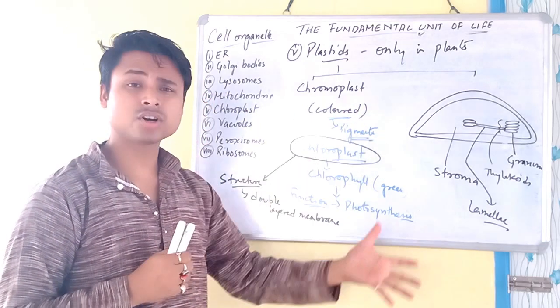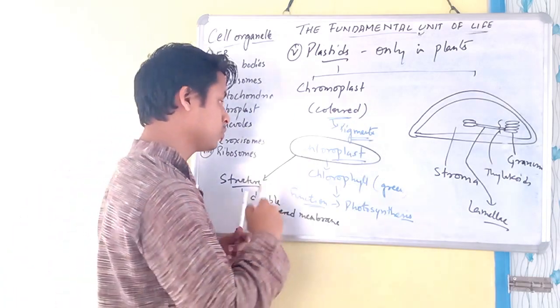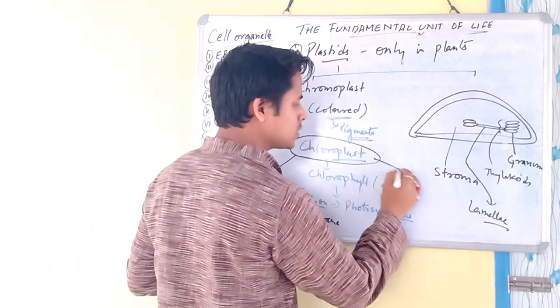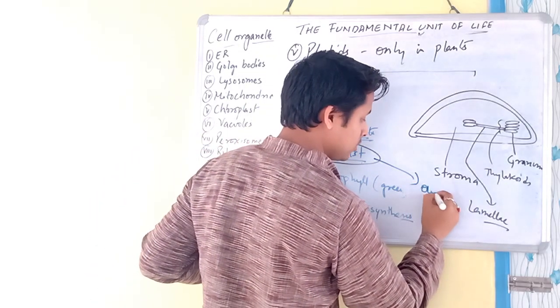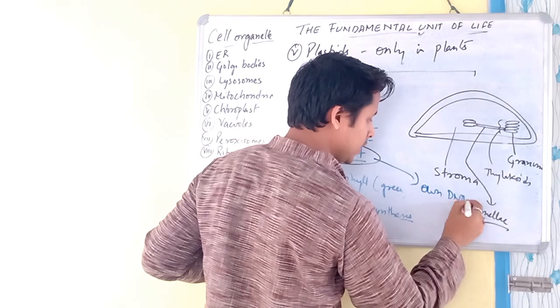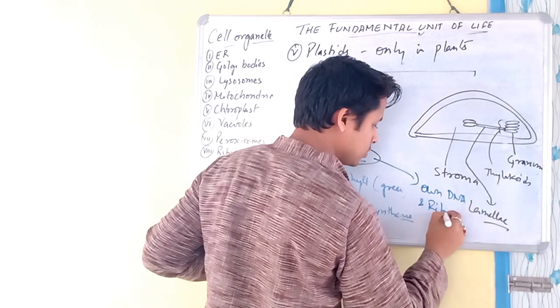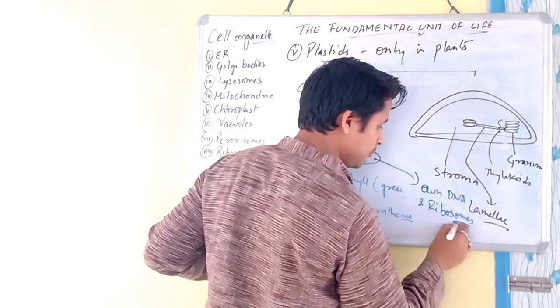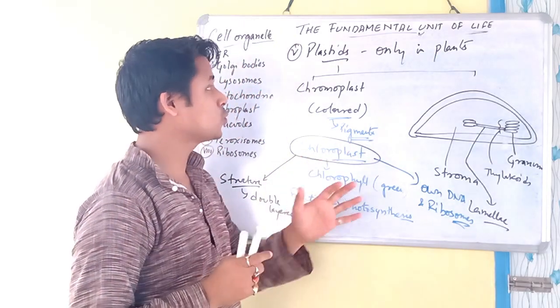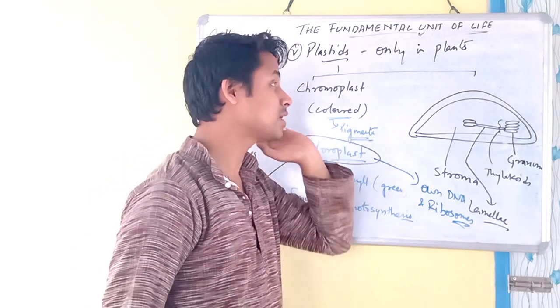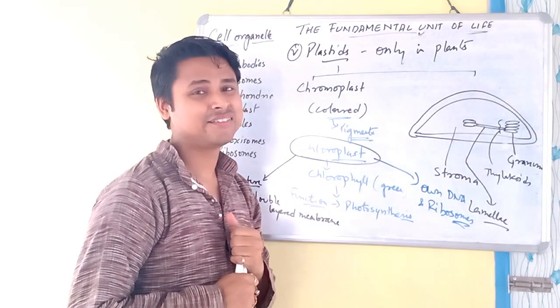So this is the structure of the chloroplast. Like mitochondria, the chloroplast also has its own DNA and ribosomes. That means they also produce their own protein. So this is about the chloroplast, which comes under the plastid.